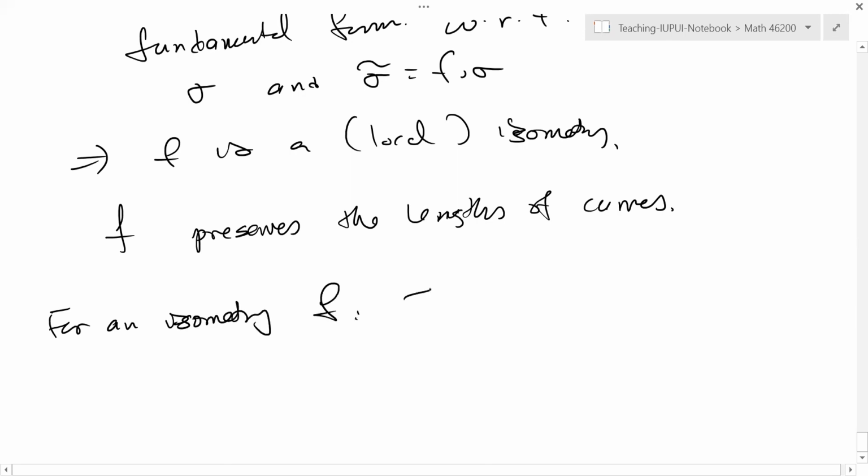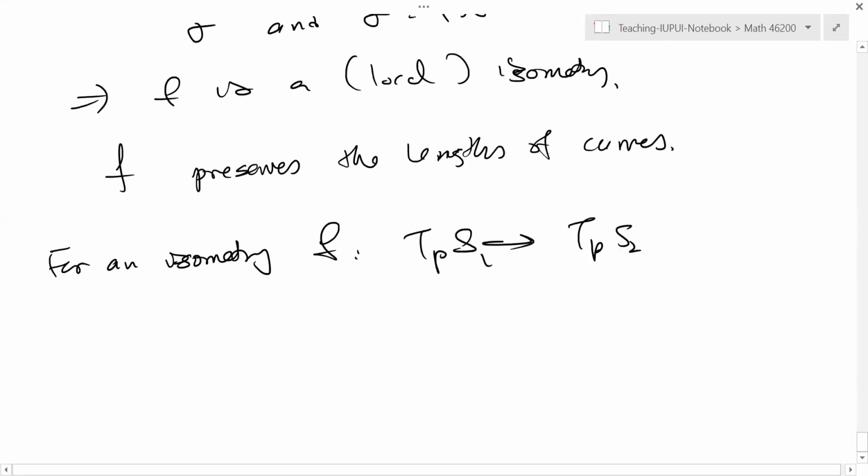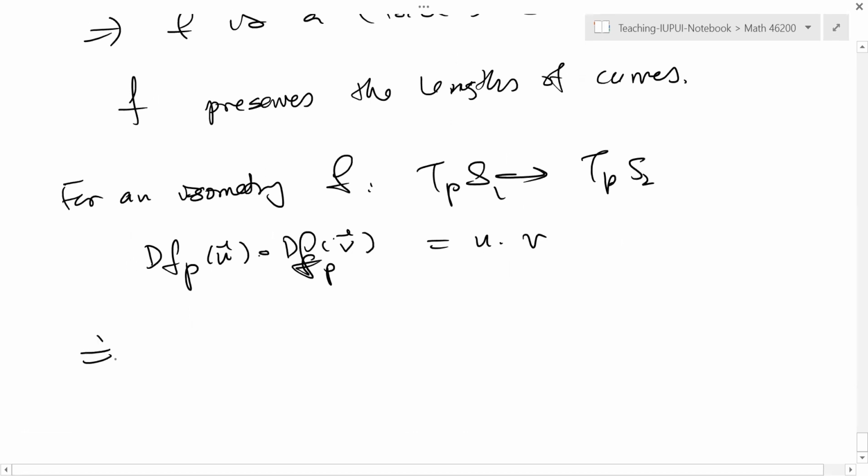For an isometry, this preserves the inner product, right? But this also implies two things.